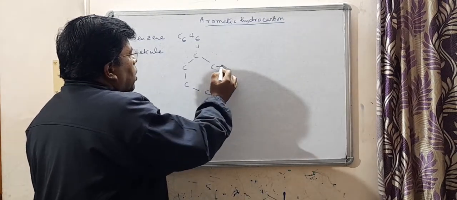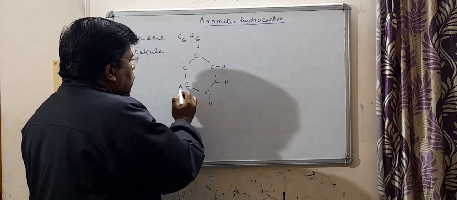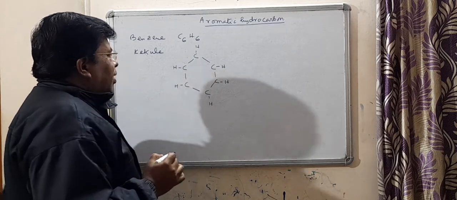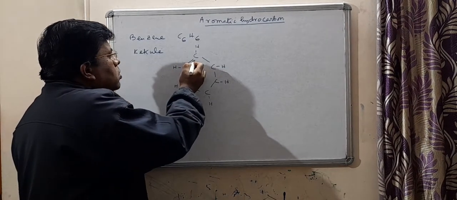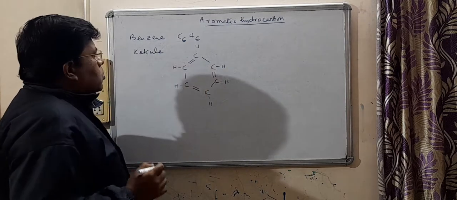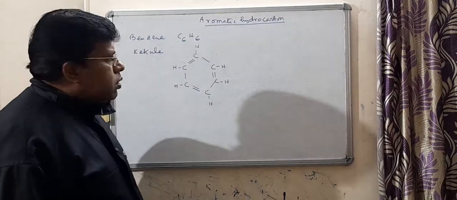Each carbon has a hydrogen, and the carbon-carbon bonds are double bonds at alternate positions. This is the structure of benzene that Kekulé proposed.